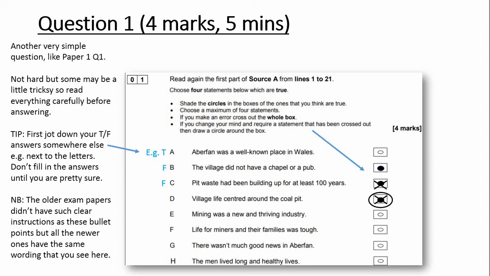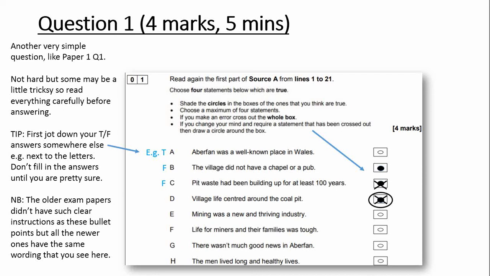So you'll see the first box that I've filled in, I've shaded in that blank circle, or rather oval, in the middle of that box. If you make an error, i.e. you change your mind and you no longer wish to use that answer, then you cross out the whole box.